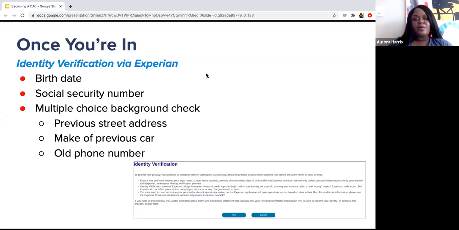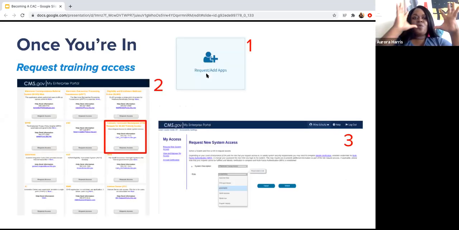Make sure you pick the right one, or what was the make of a previous car, or old phone number, things of that nature, to just make sure that it's you. Because remember, this is a federal government process, so we want to make sure that that's done. All right, so once you get past that Experian background-check type of piece, you're in.